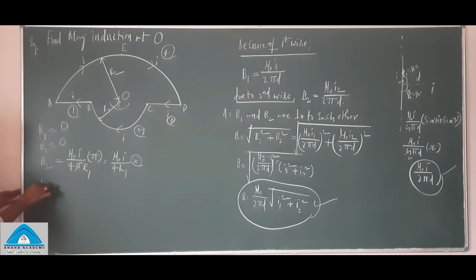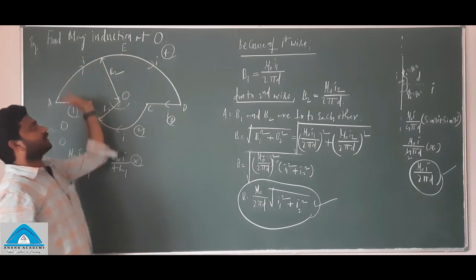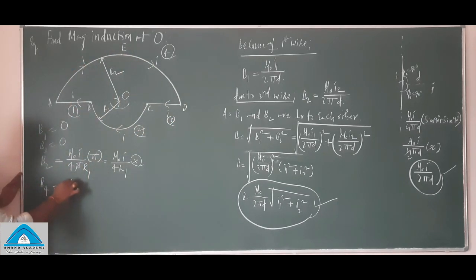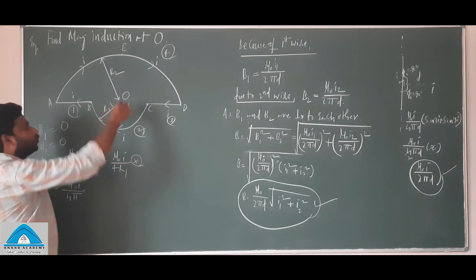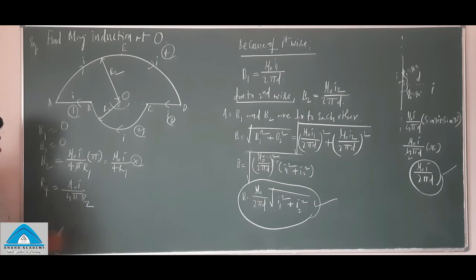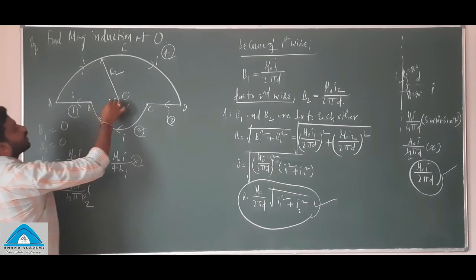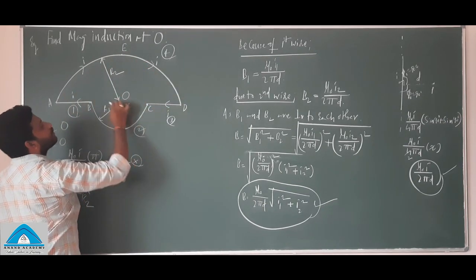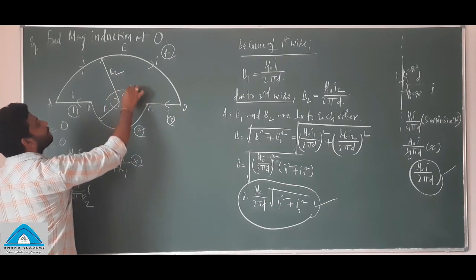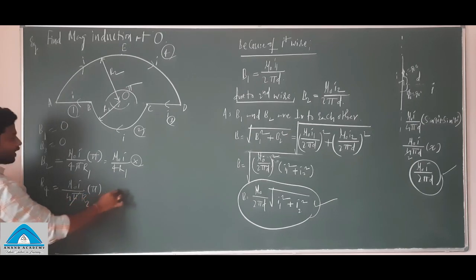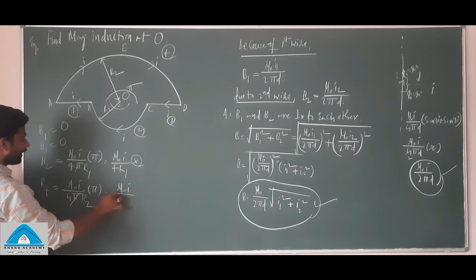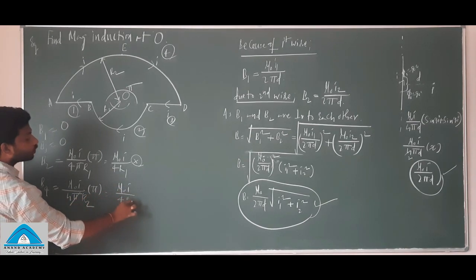Clear? And the fourth wire is also an arc. So mu naught I by 4 pi, the radius of that arc is R2, and the angle is clearly given. Here also this arc makes the same angle, pi. So pi cancels and it is mu naught I by 4R2.